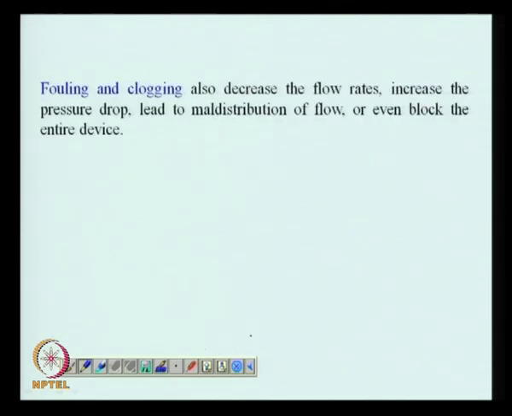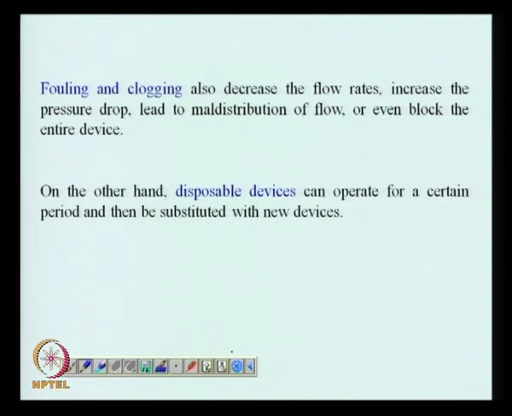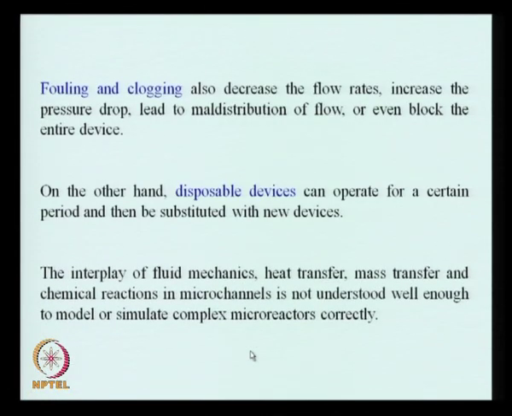The fouling and clogging also decrease the flow rates. It may increase the pressure drop, and distribution of the flow can become hampered, and the reusability of the devices is also put to question. But the trend is now therefore to use disposable devices that can operate a certain number of times, and then they can be substituted with new devices.